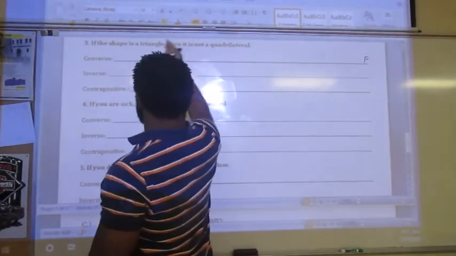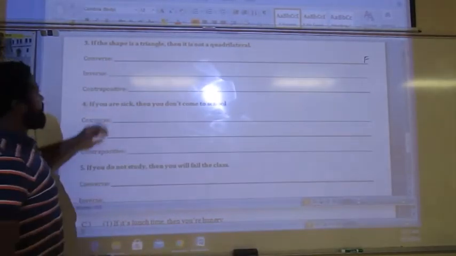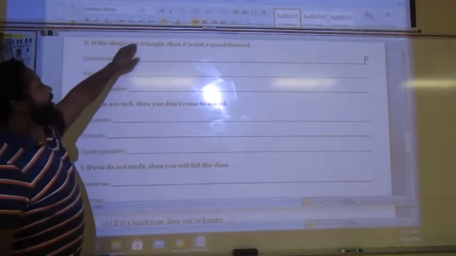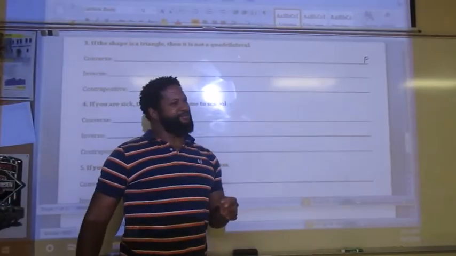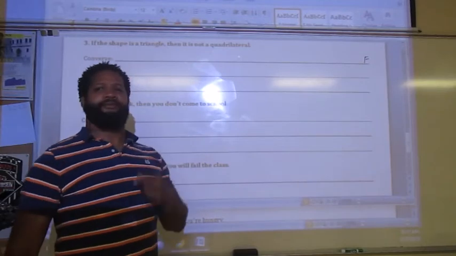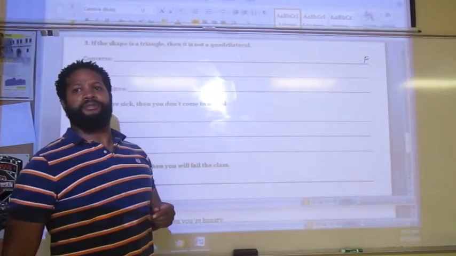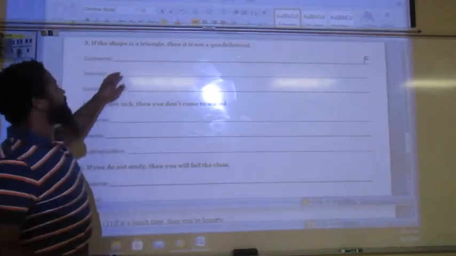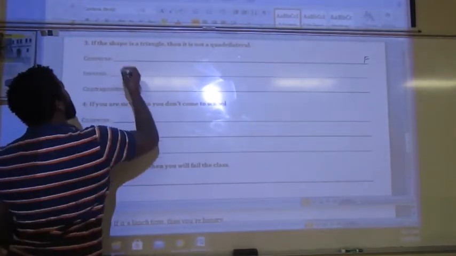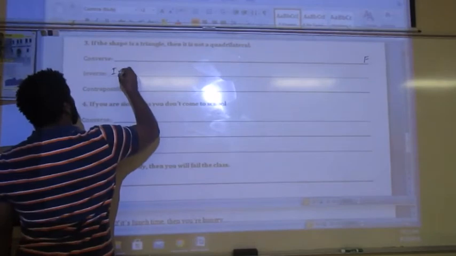Inverse. If the shape is not a triangle, then it is a quadrilateral. Is that true or false? That's false. Good job. If you notice for the inverse, let me write this one out.